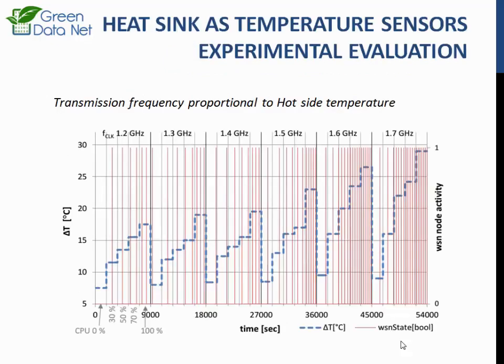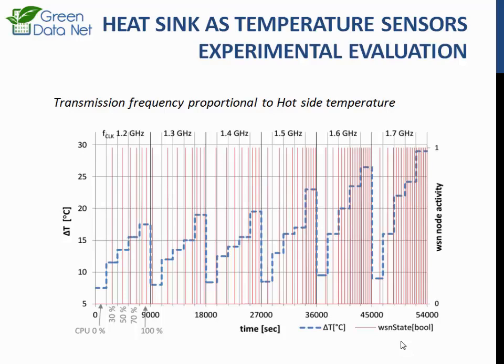And we experimented to find the minimum sending rate that you can achieve completely batteryless, okay? So the idea is, in this picture, you have different operating frequencies of the processor, okay? And different workloads on the CPU, okay?